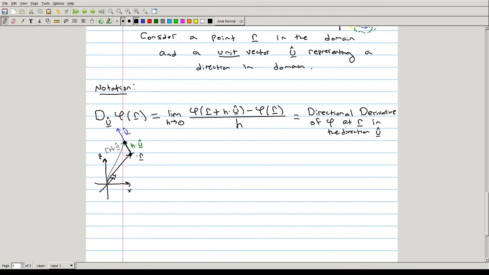The directional derivative is just the derivative of the temperature, or whatever scalar function this is, along the line in the direction of u hat. And this is one very nice way of thinking of it, because it's giving us exactly what we need to simplify this equation. This equation in Cartesian coordinates is saying the following.